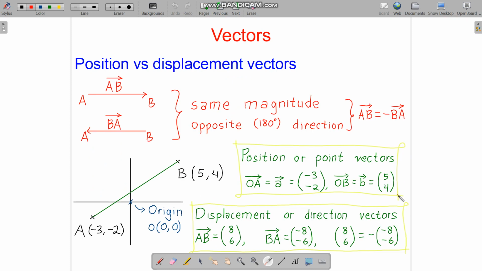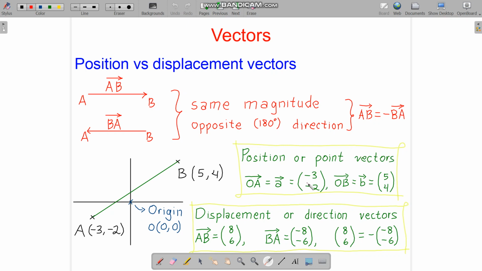And position and displacement vectors. If we have point A and point B, this is vector AB from A to B. This is the vector BA from B to A. Of course, they have the same magnitude, same length, but in the opposite direction, 180 degrees. So we can say AB is equal to minus BA. If we use this example, A is minus 3, minus 2, B is 5, 4, the origin is O 0 0.